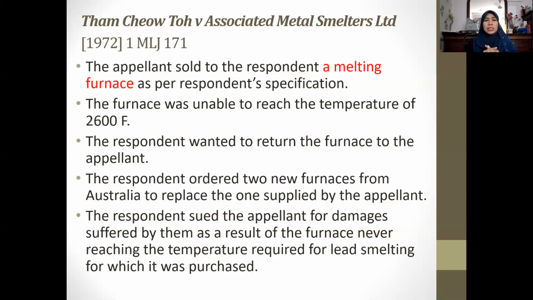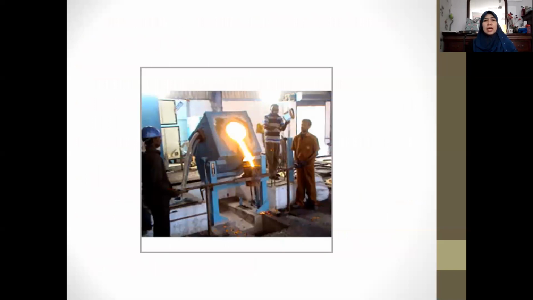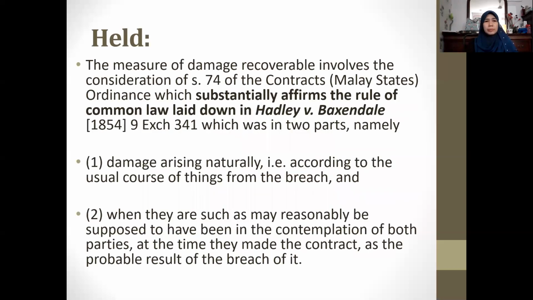The respondent then sued the appellant for damages suffered as a result of the furnace never reaching the required temperature of 2600 Fahrenheit for lead smelting, for which it was purchased. So it could not serve the purpose for which it was purchased. This is the picture of a melting furnace. It has to reach a very, very high temperature.